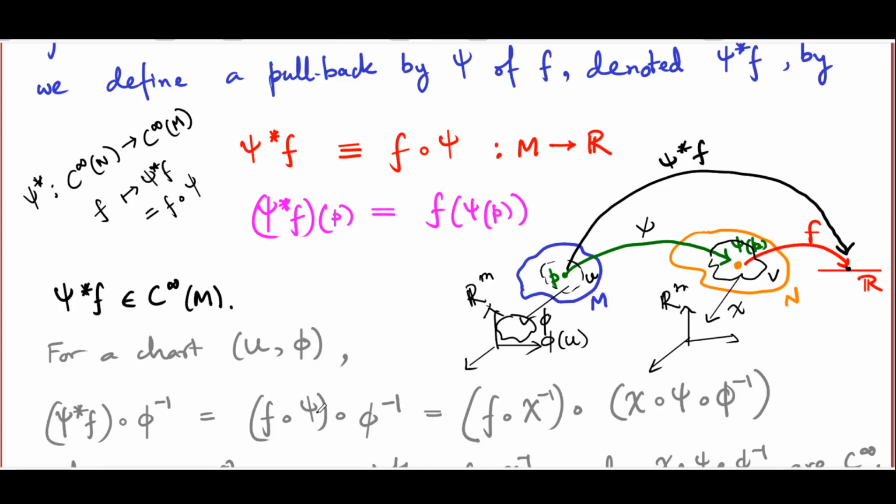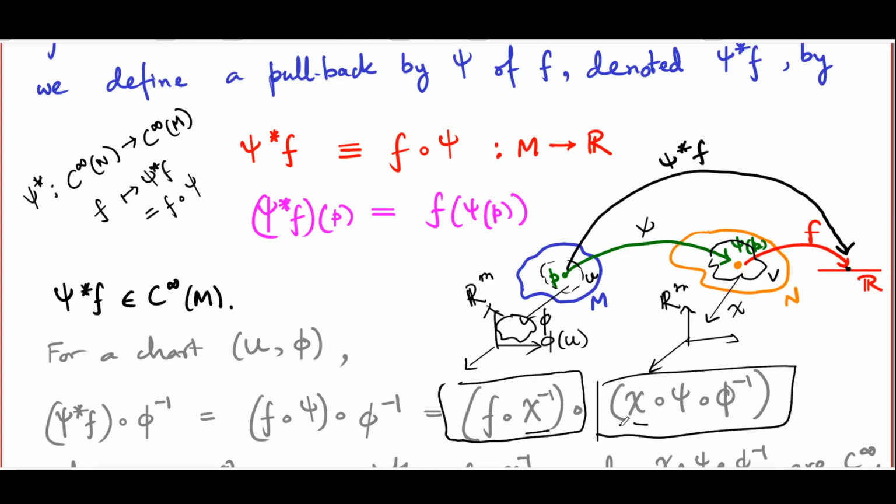Now, f composite psi composite phi inverse can certainly be written as f composite chi inverse composite chi, so these two chi inverses and chi's cancel each other out, composite psi composite phi inverse. But notice this thing here is a proxy function for f according to the chart v comma chi. And this here is a proxy function for the map psi between the manifolds M and N. And of course, for this you need charts both from M and N. You need both phi and chi.